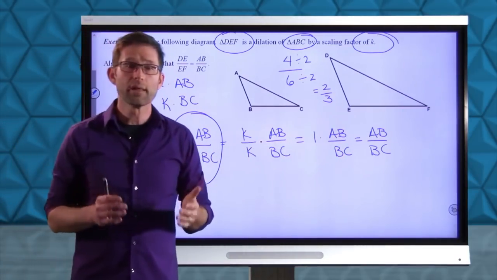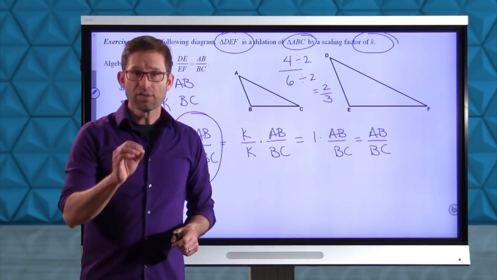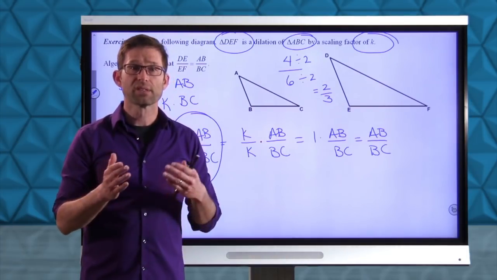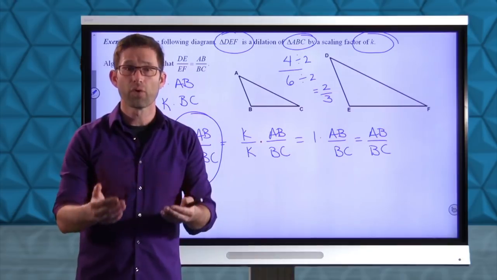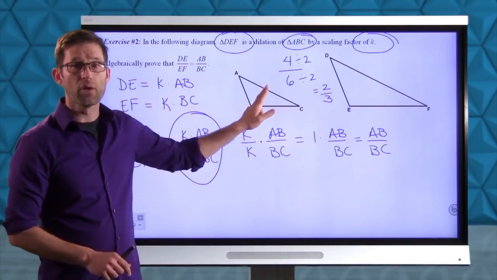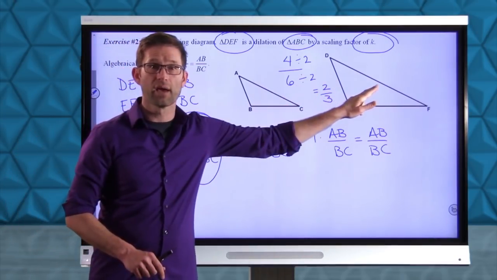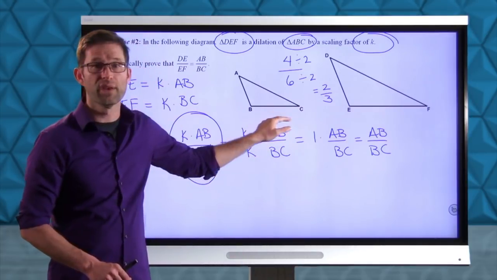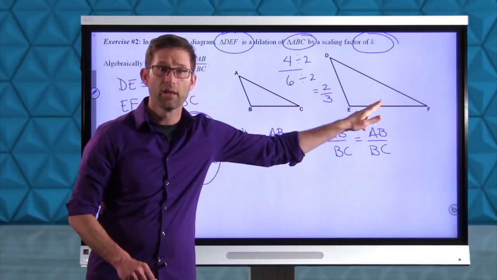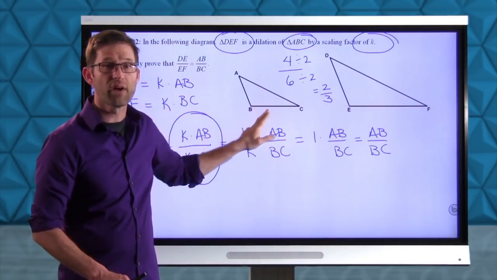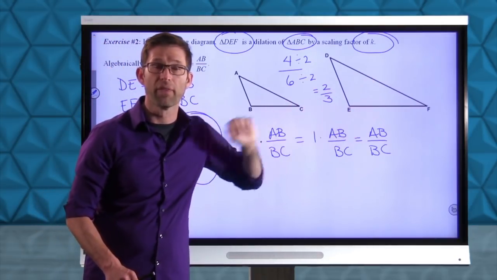Now this is amazingly important because it allows us to set up proportions among similar triangles in a different way. Instead of saying a side length of this divided by a side length of this is equal to a side length of this divided by a side length of that, we're able to say this divided by this would be this divided by this.